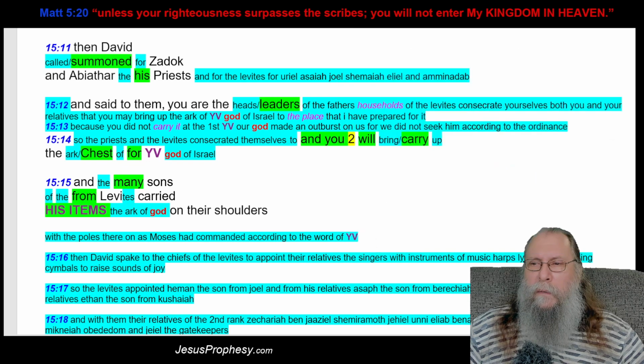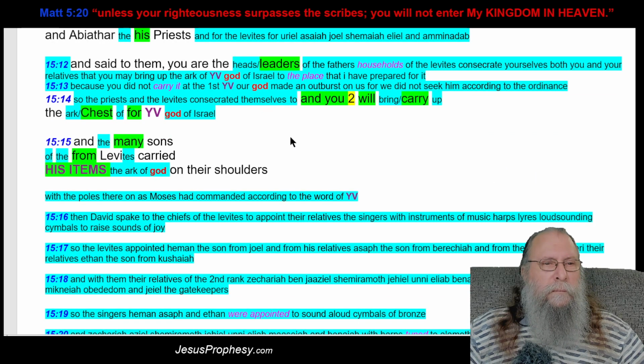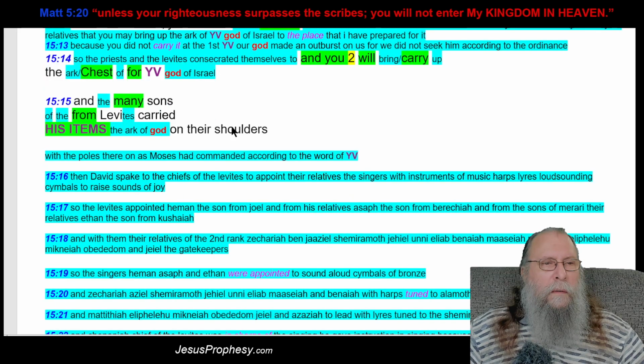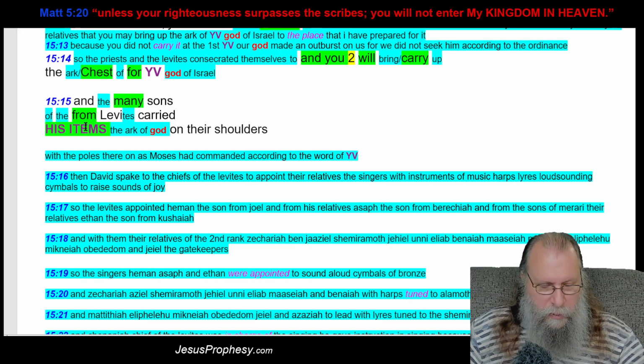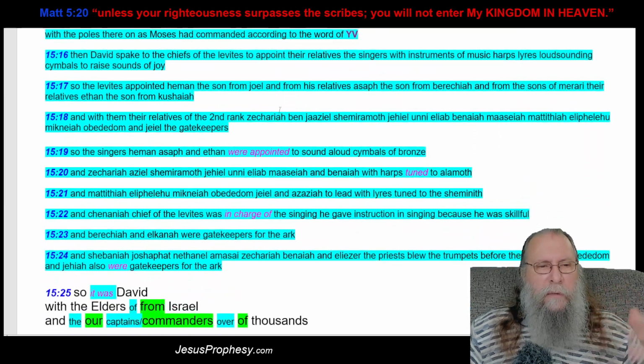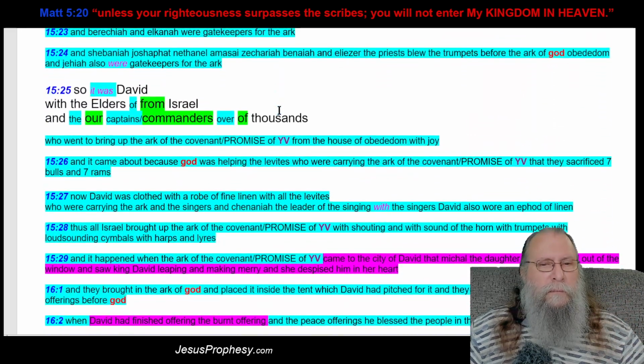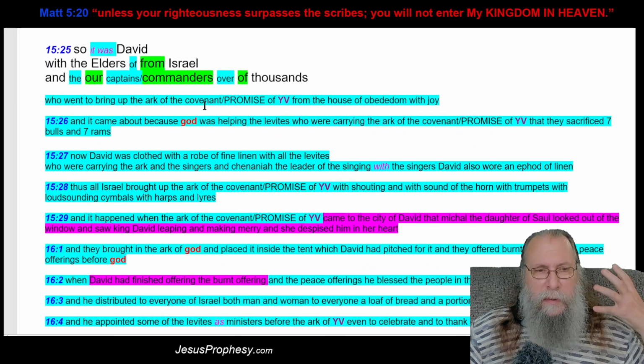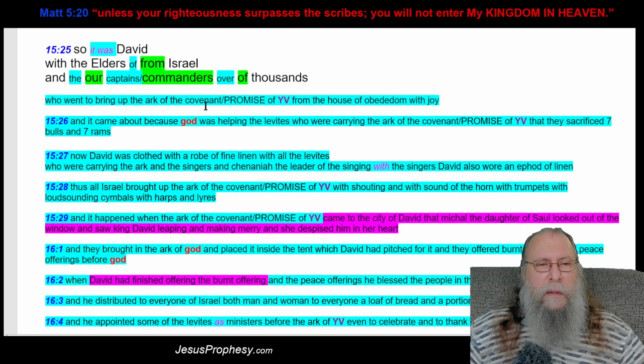It's his items, and this should have been yellow. So I'm actually correcting some of the text as I go through here, or making edits for the future, because when I did this, everything was in my head.